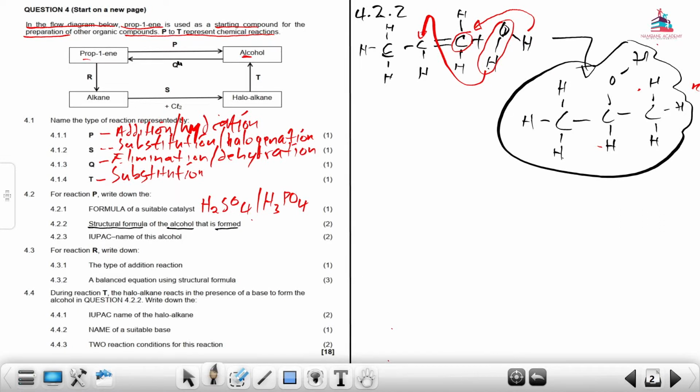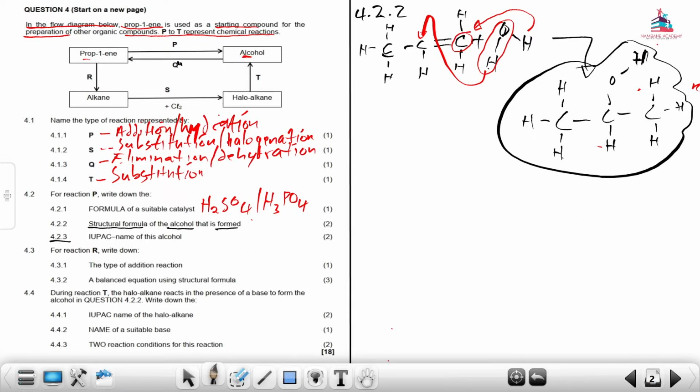This part was just an emphasis for you to understand why my OH sits at carbon number 2, because if you did not understand 4.22, it means 4.23 is going to be a challenge, a problem for us. The reason being, 4.22 and the IUPAC name of 4.23 relate to each other.